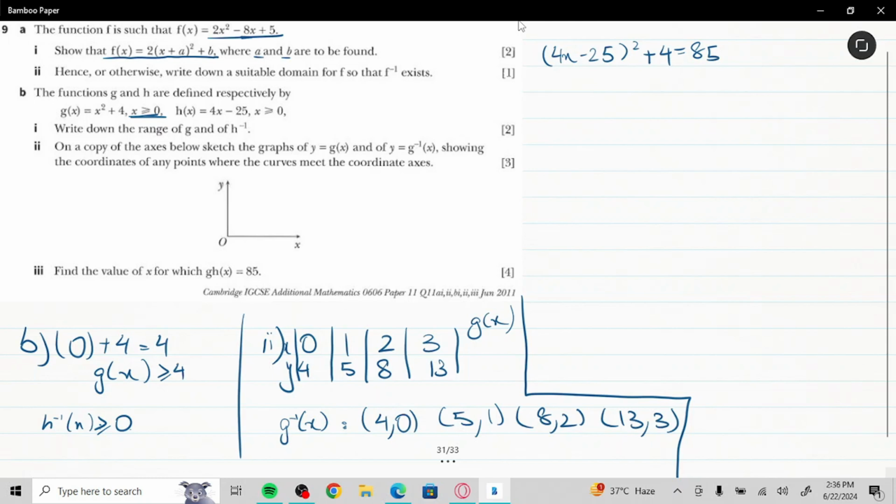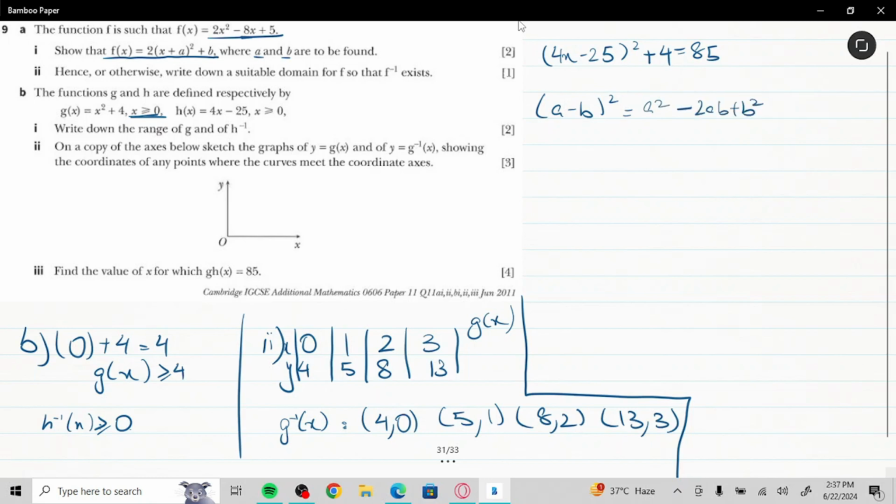So first of all, open this bracket up. (a minus b) whole squared is equal to a squared minus 2ab plus b squared.